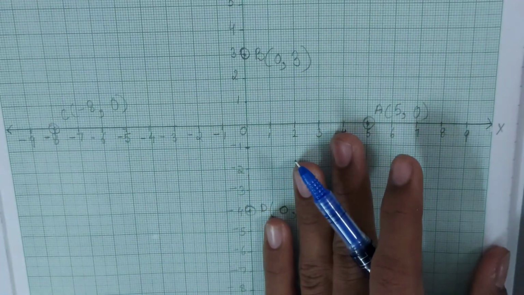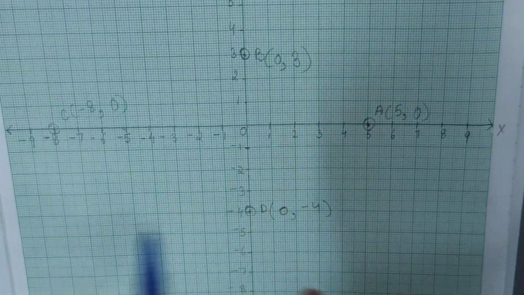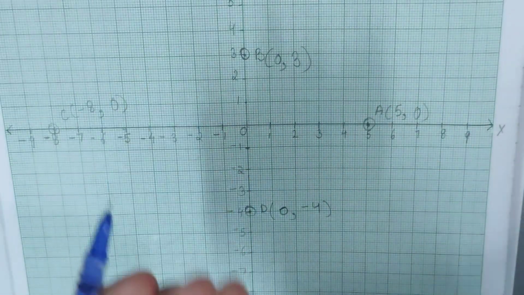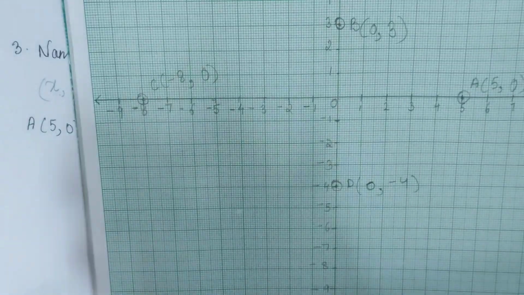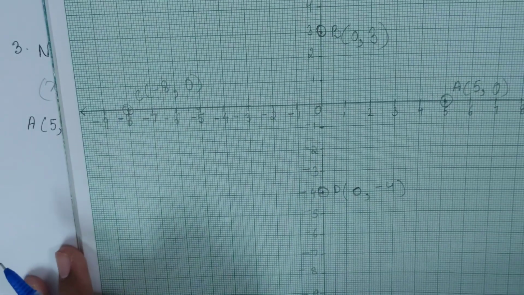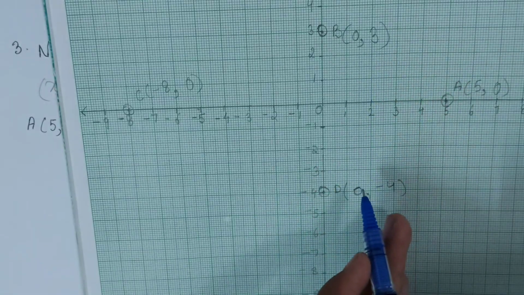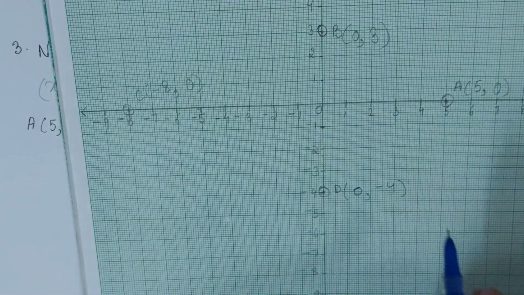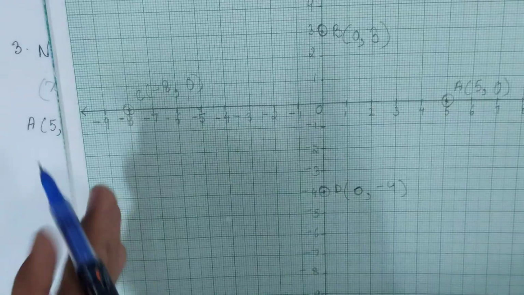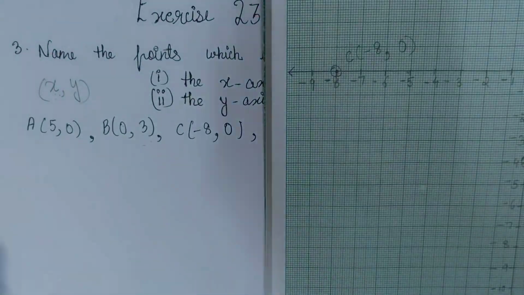And on this graph you can write the answer just by looking at these points. So this logic doesn't need to be used here, but generally when you don't have the graphs, then use this logic. If x coordinates are 0, it is lying on the y-axis. If y coordinates are 0, it is lying on the x-axis.